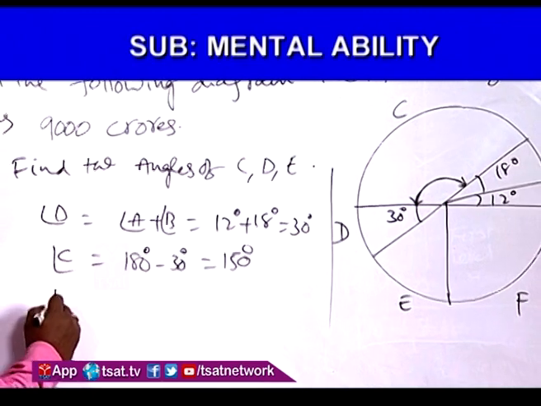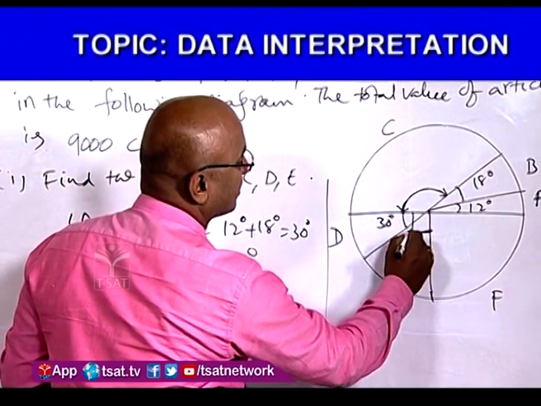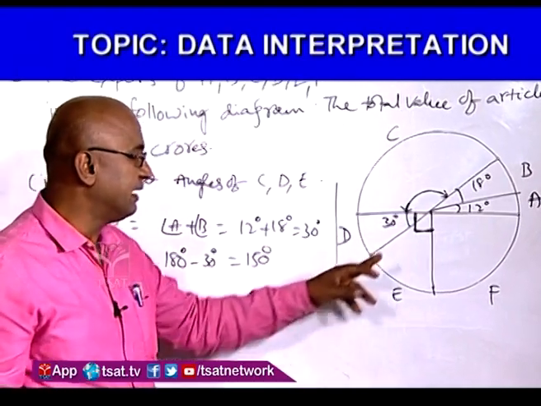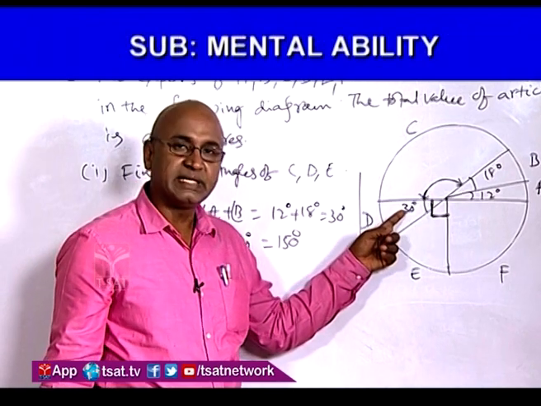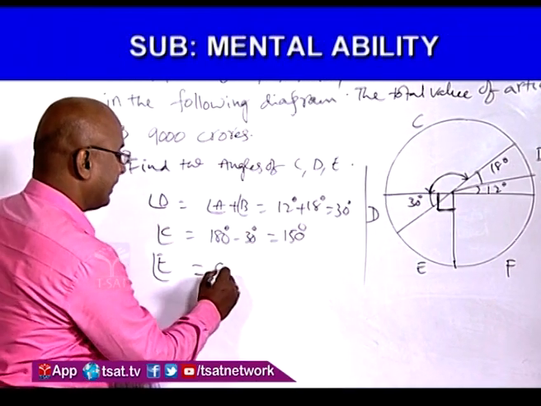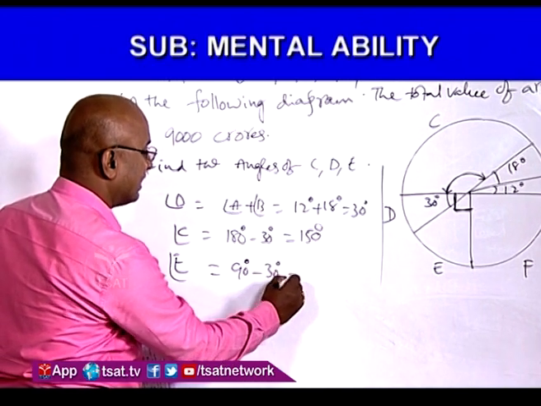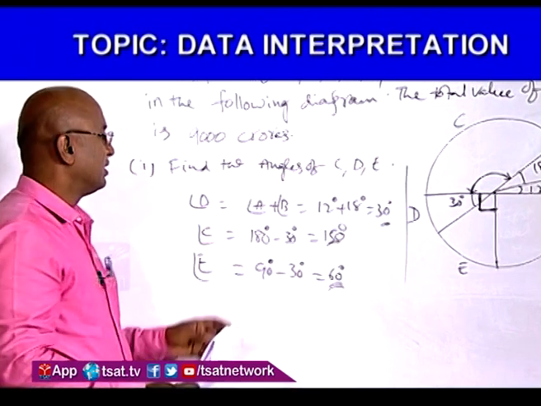And angle E is 90 degrees, the angle in a quarter circle. Out of 90 degrees, D comprises around 30 degrees. Now the remaining angle E is equal to 90 degrees minus 30 degrees, that is equal to 60 degrees. Got it?